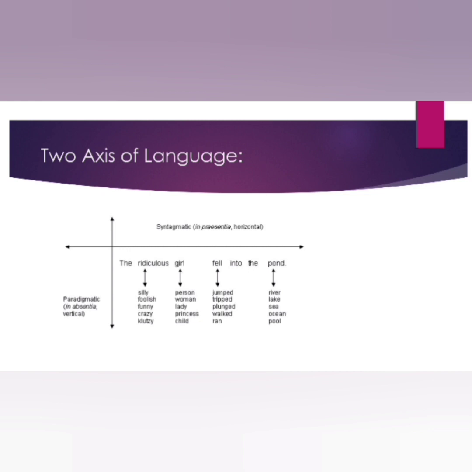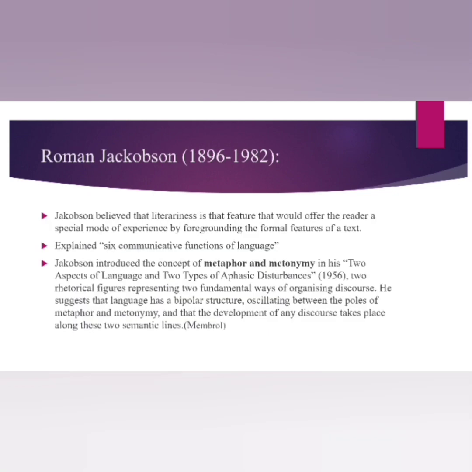So these are the two poles of the axis, and he said that metaphor and metonymy constitute the bipolar structure. He said that language has a bipolar structure that oscillates between the poles of metaphor and metonymy.